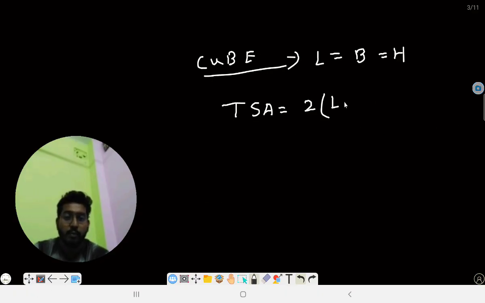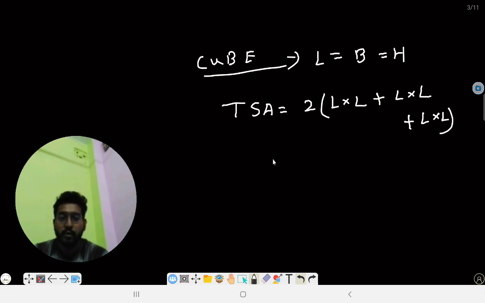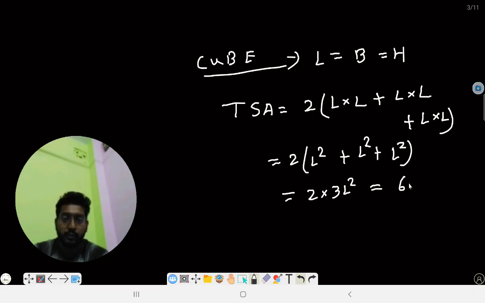Instead of B I use L, instead of H also L, so it will be 2 into L square plus L square plus L square. How many L squares are there? 3. That means 2 into 3L square, so the answer is 6L square. That is the total surface area of the cube.